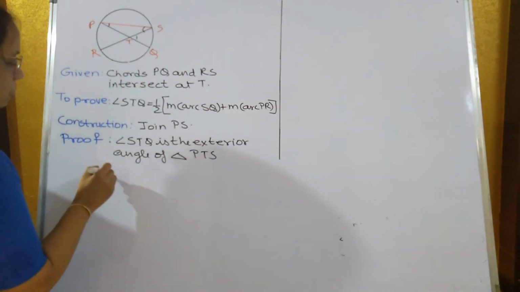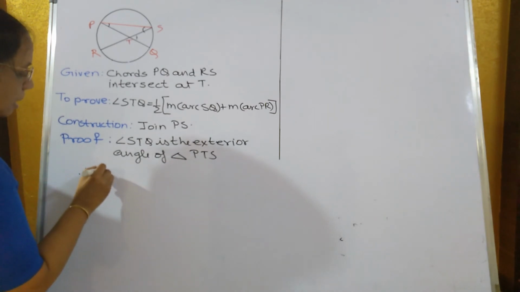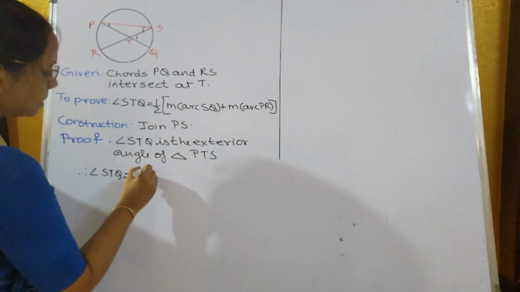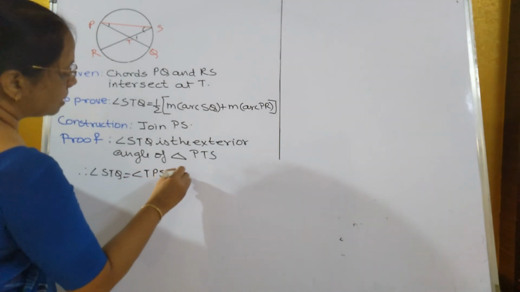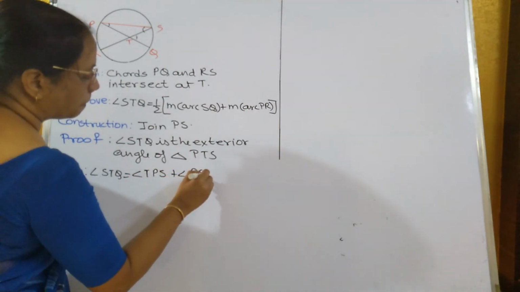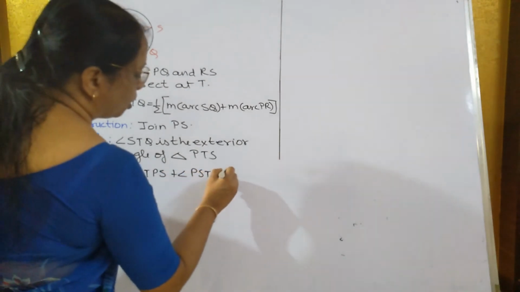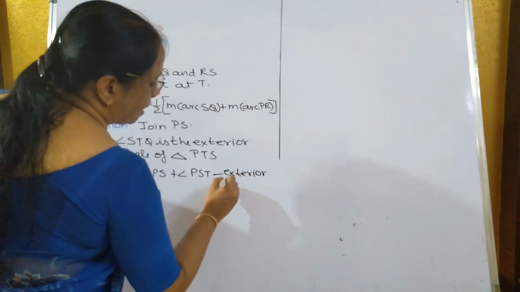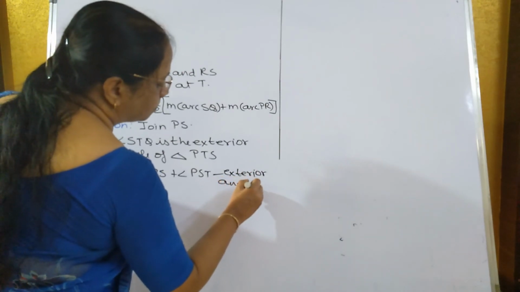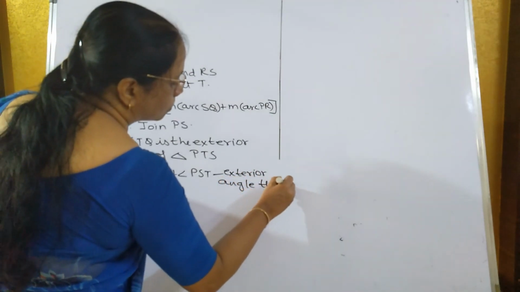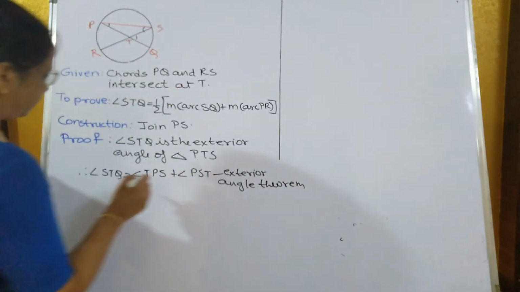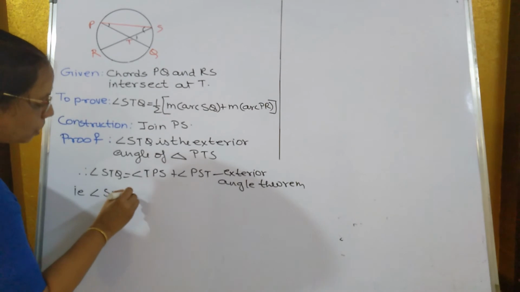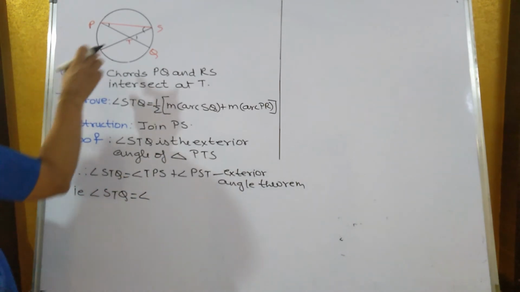So angle STQ is equal to angle TPS plus angle PST. Reason what you'll write? Exterior angle theorem. That is angle STQ is equal to angle TPS.